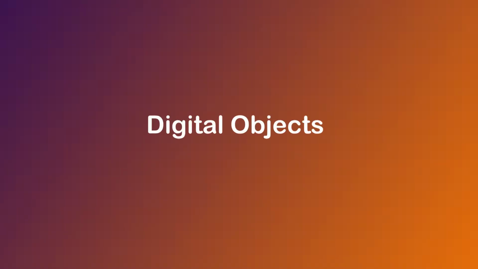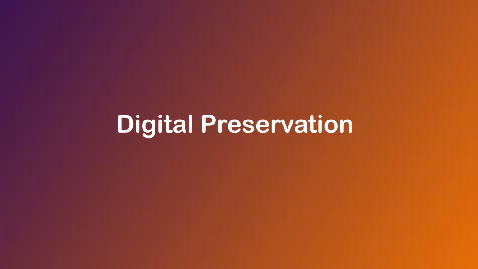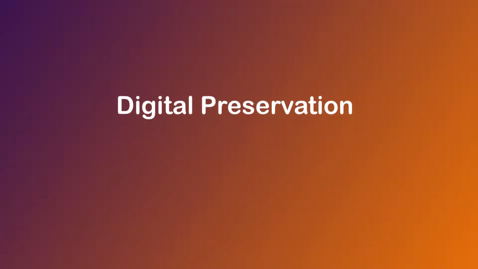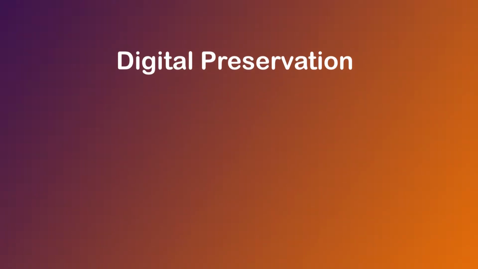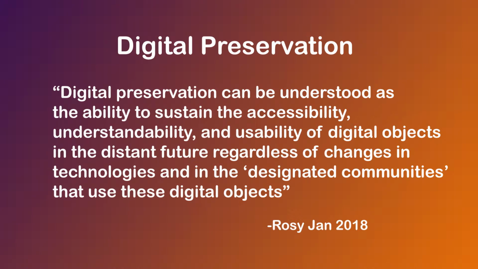We've talked a lot about various types of digital objects. Our goal for these objects is digital preservation. We've seen a number of definitions of digital preservation, but here's an interesting one from Rosie Jan, a professor of library and information science.